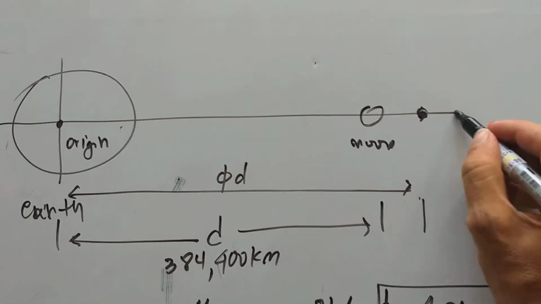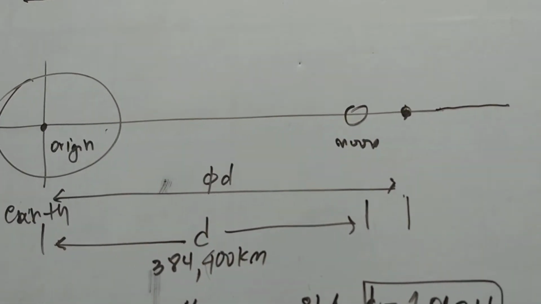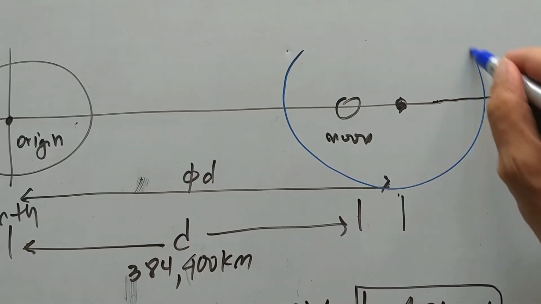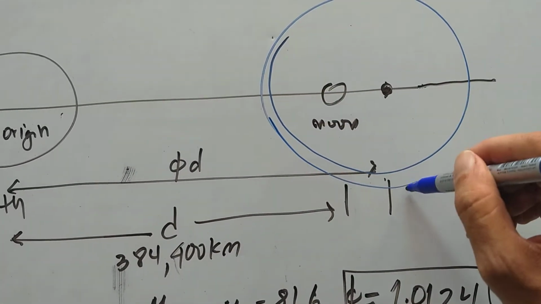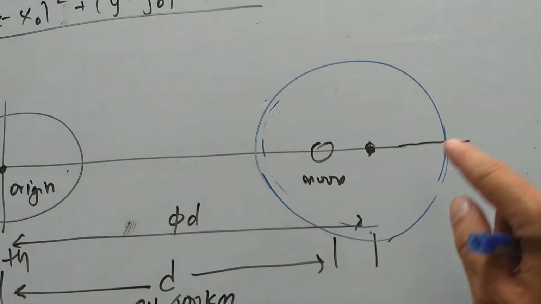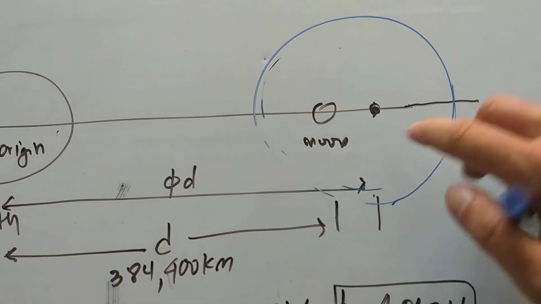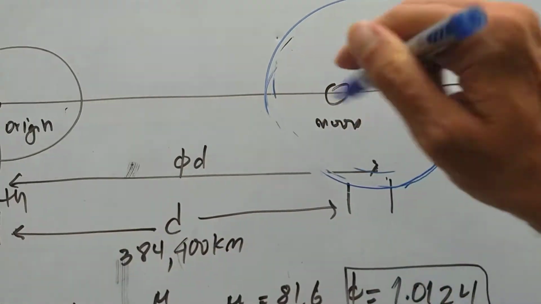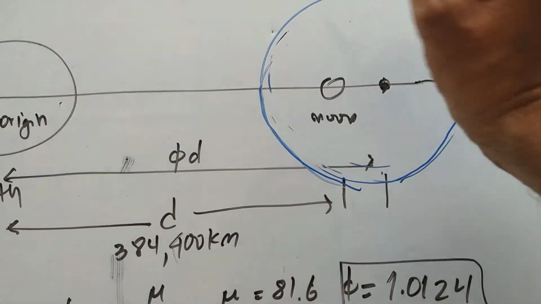All right, let's make this a little bit longer. And now, let's draw the circle. It's hard to draw a perfect circle, but I'm going to try. Okay, that's not too bad. Okay, how's that? It's not good. Hang on.